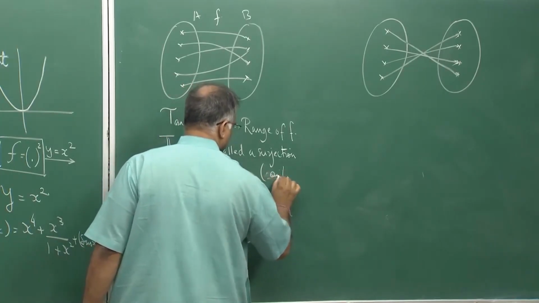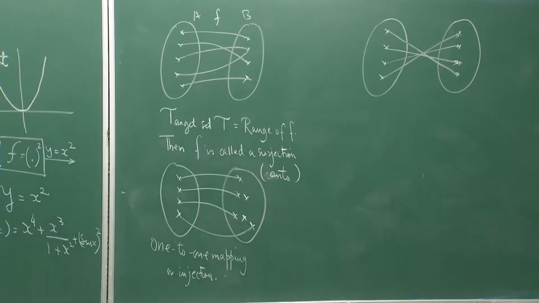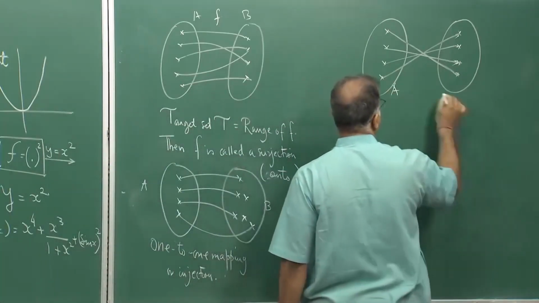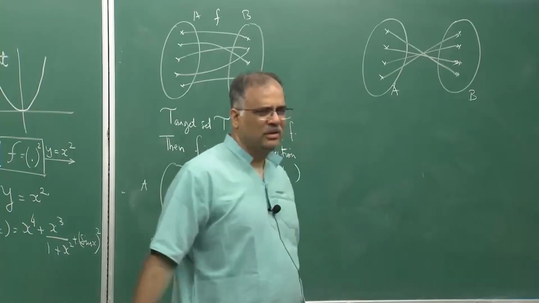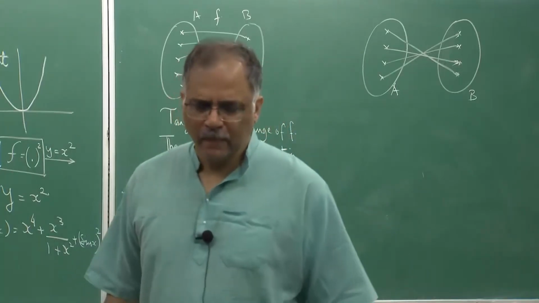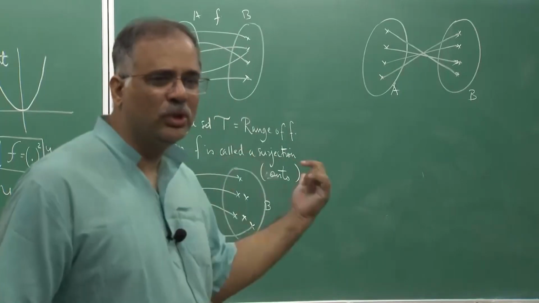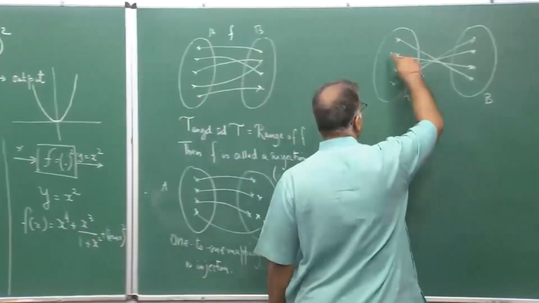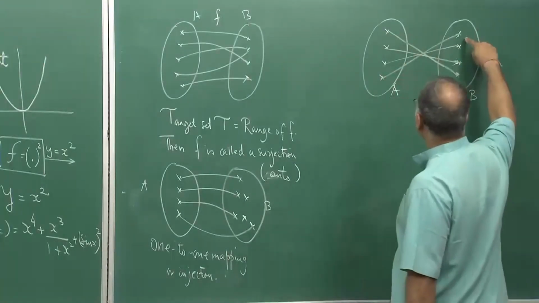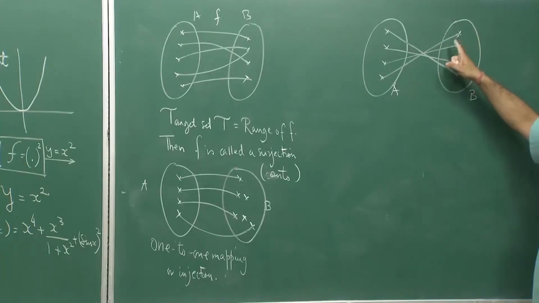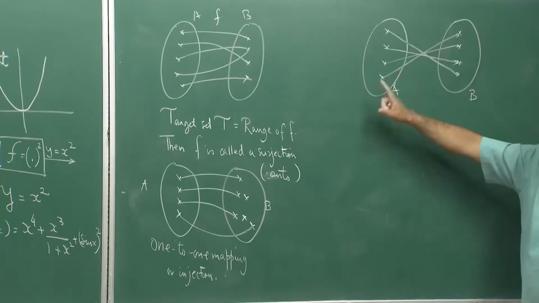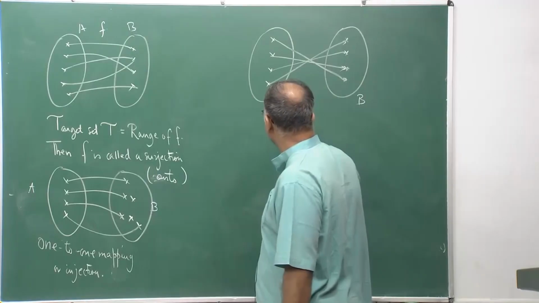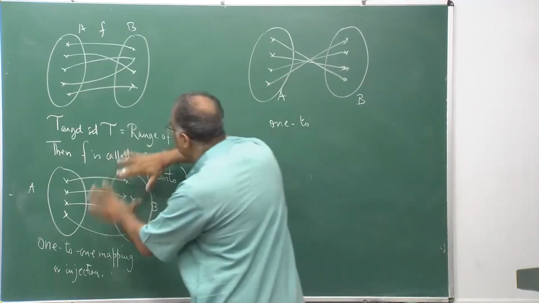So, when you have such a situation, then what we have is a one-to-one correspondence. That is, if I come from an x to y, I can go back from that y to x. It is a two-way street. And so, this is called a one-to-one correspondence or a bijection, which is injection and surjection together.